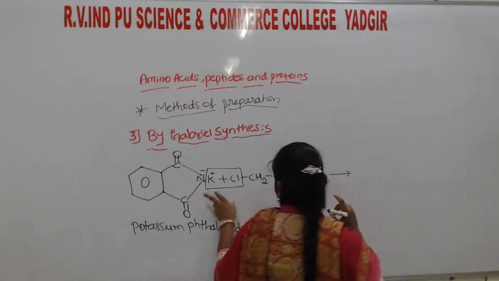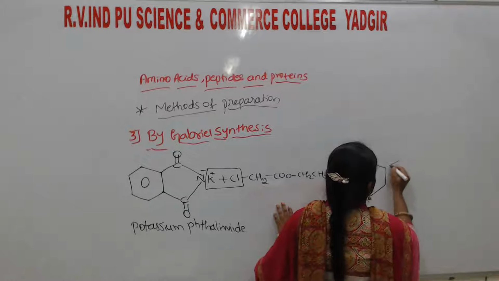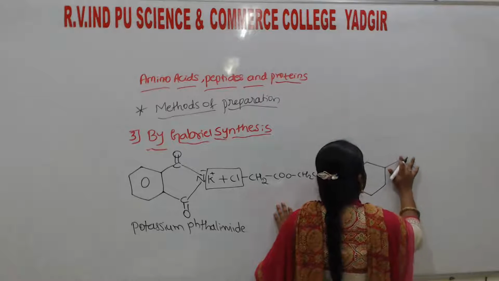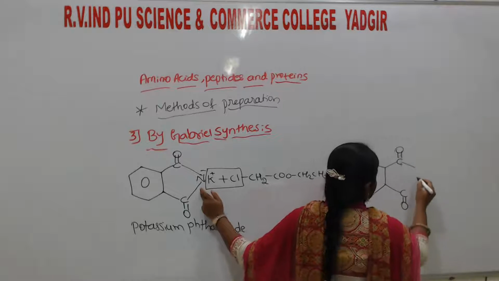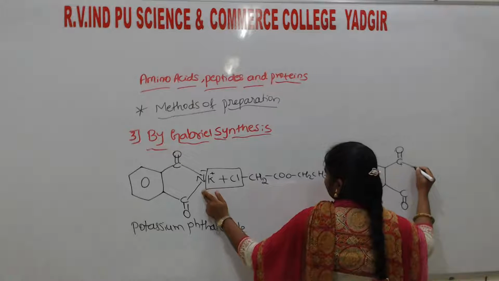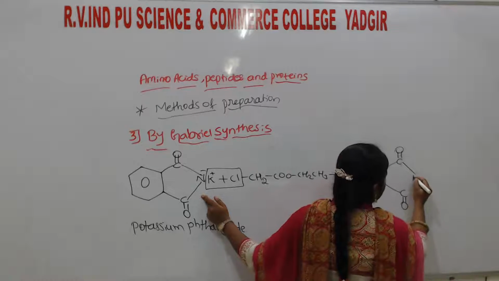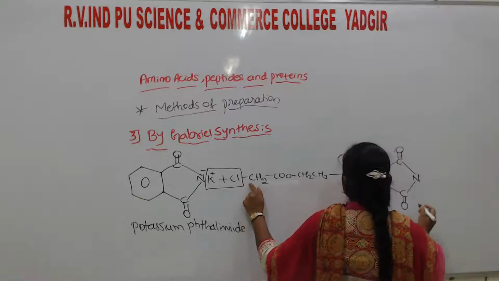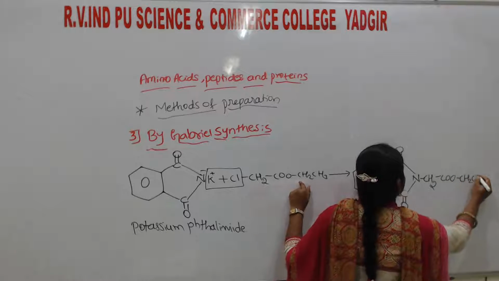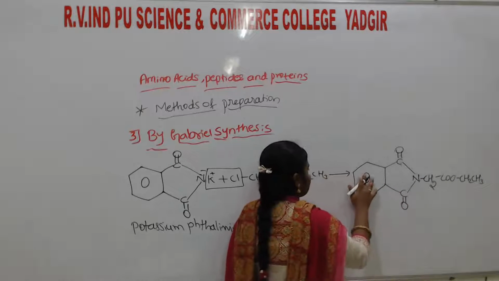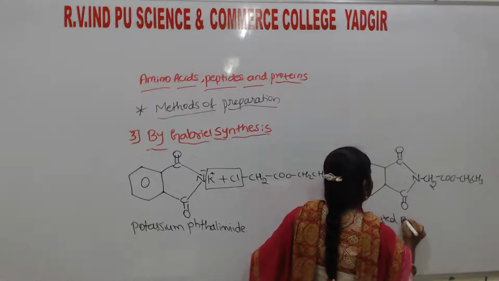Write this one: substituted phthalimide, with C=O, C=O, and N present here, and the substituent CH2COOCH2CH3.